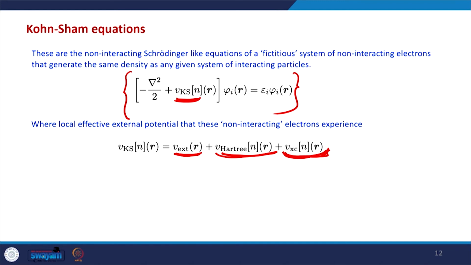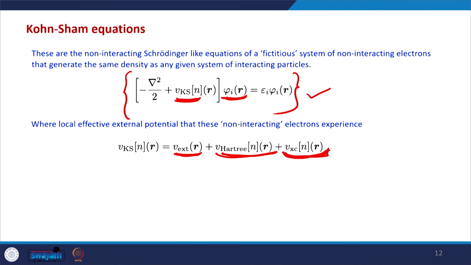In this method, we solve these single particle Schrodinger equations, also known as the Kohn-Sham equations, and we calculate the solutions of these equations, known as the orbitals, phi orbitals.